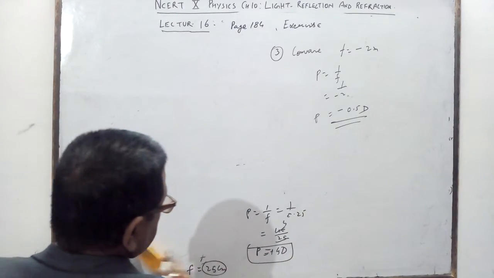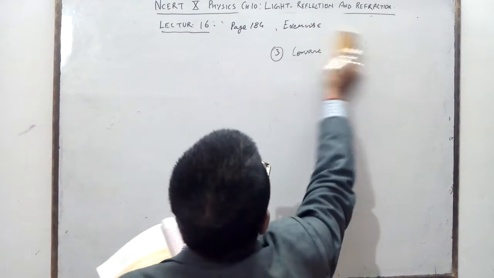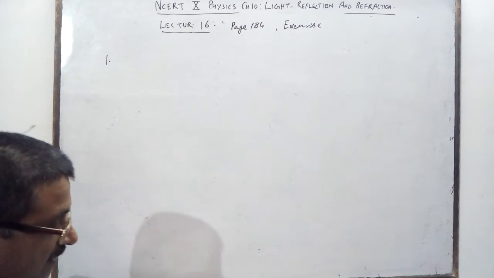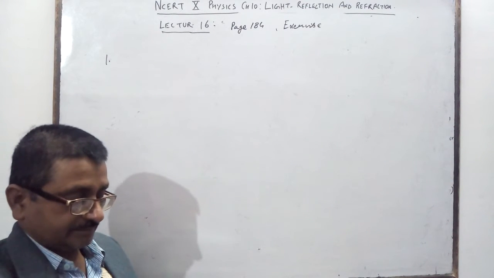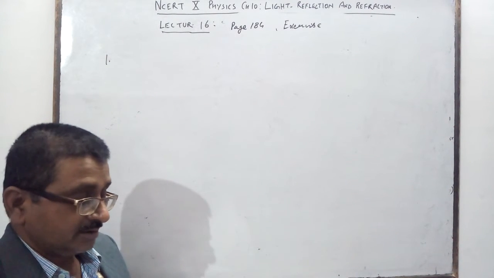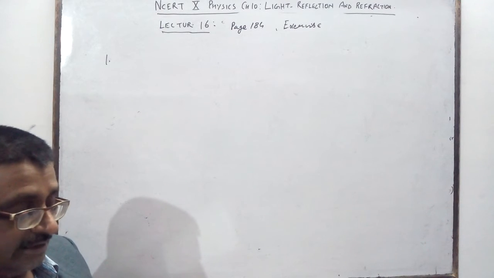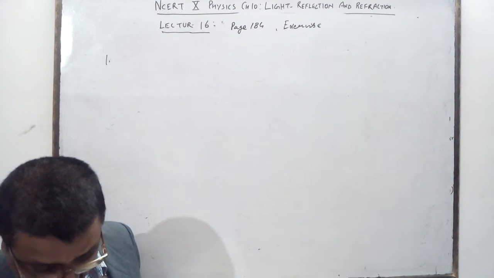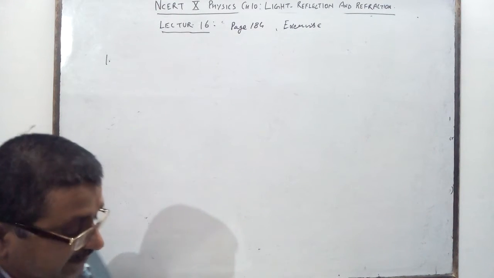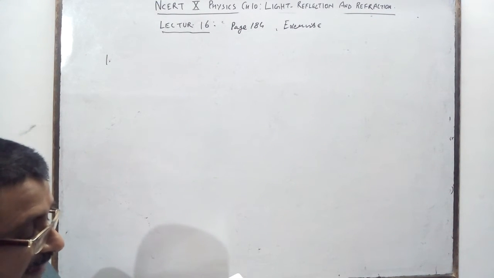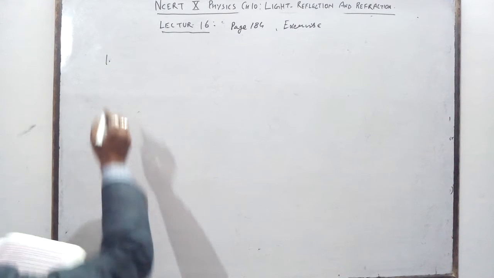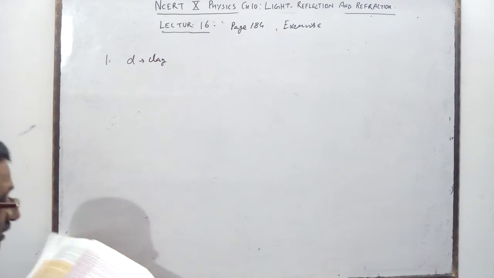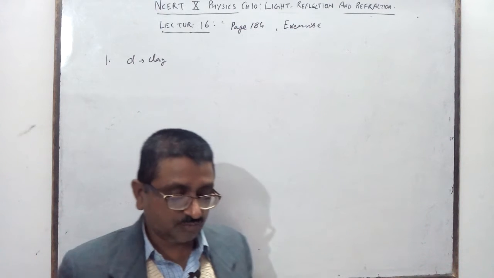Question number 1: which one of the following materials cannot be used to make a lens? The options given in the book are water, glass, plastic and clay. So your answer will be clay, because it is not transparent, so it is not used for a lens.